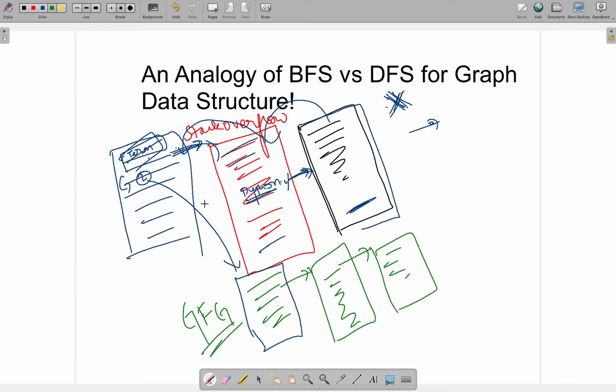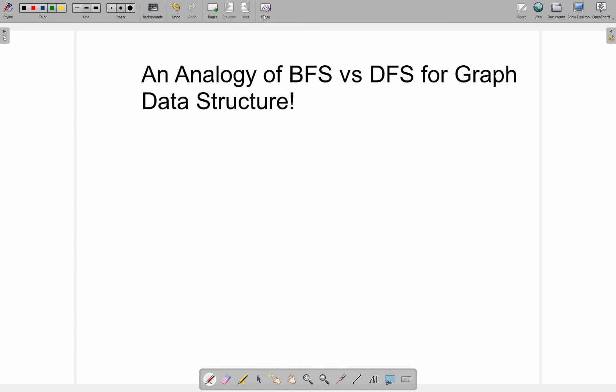So here, if we represent this entire situation in terms of a graph, how would it look? It would look something like this. Let me erase this and get the pen. Here it will be the Google search page, the Google search results, I would say.